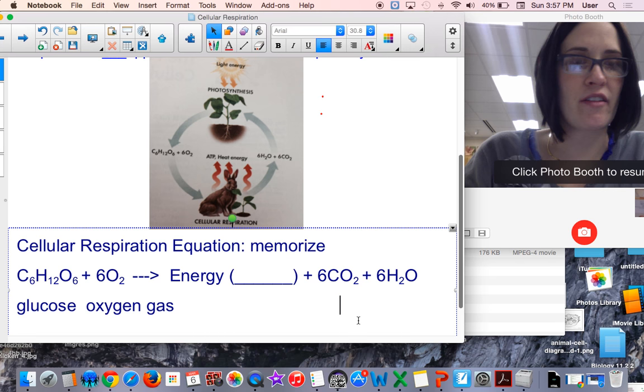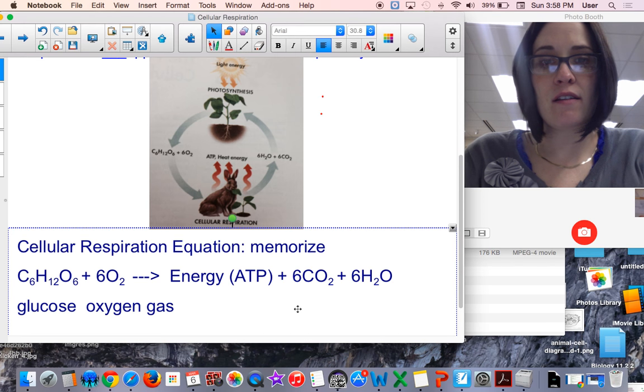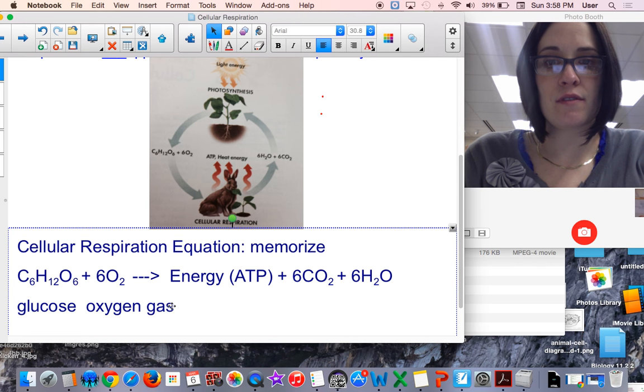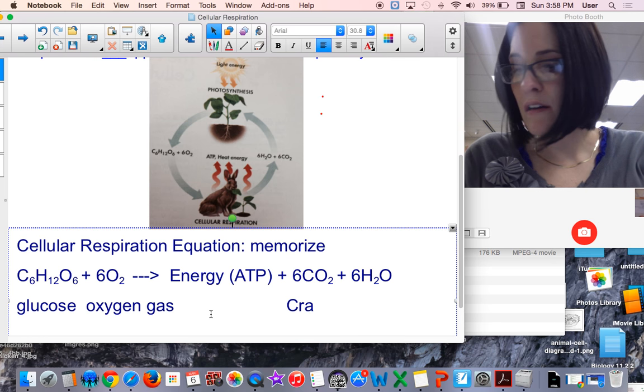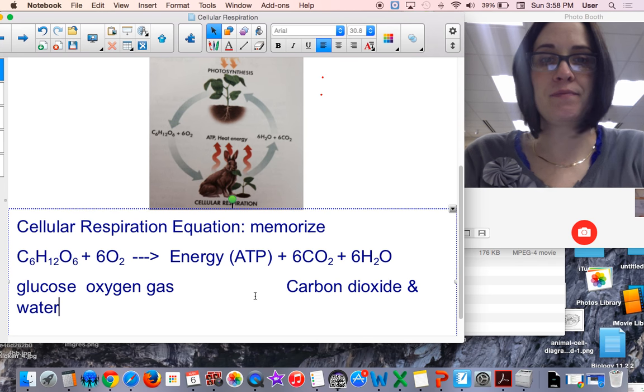Okay. Over here, the energy that it produces is called ATP. And we also produce 6 molecules of CO2, which is carbon dioxide gas, and then 6 molecules of water.